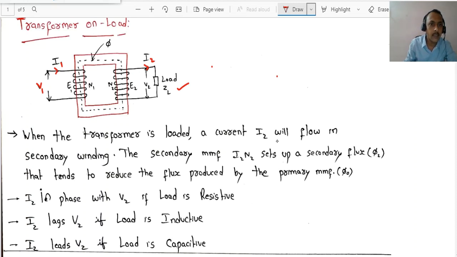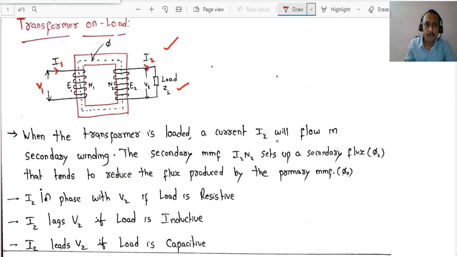Now phi is the flux linking both the coils. So if a question is given on this topic, first please draw this diagram, which is very important. Now because of the current I2 flowing in the secondary, some flux will be set up, the secondary flux phi2.